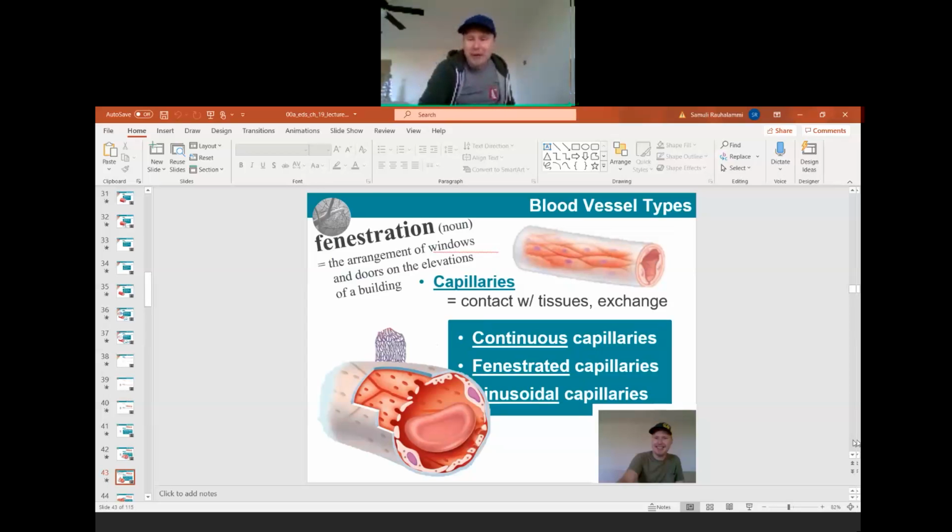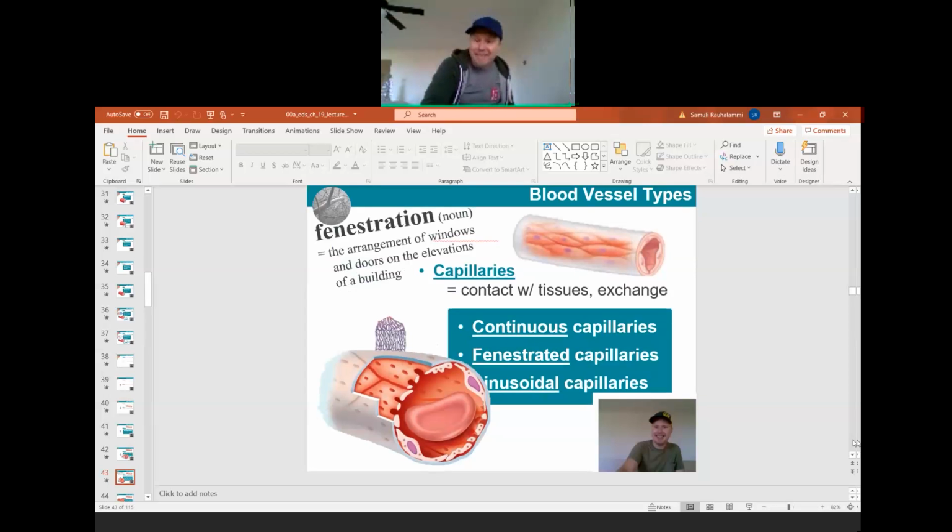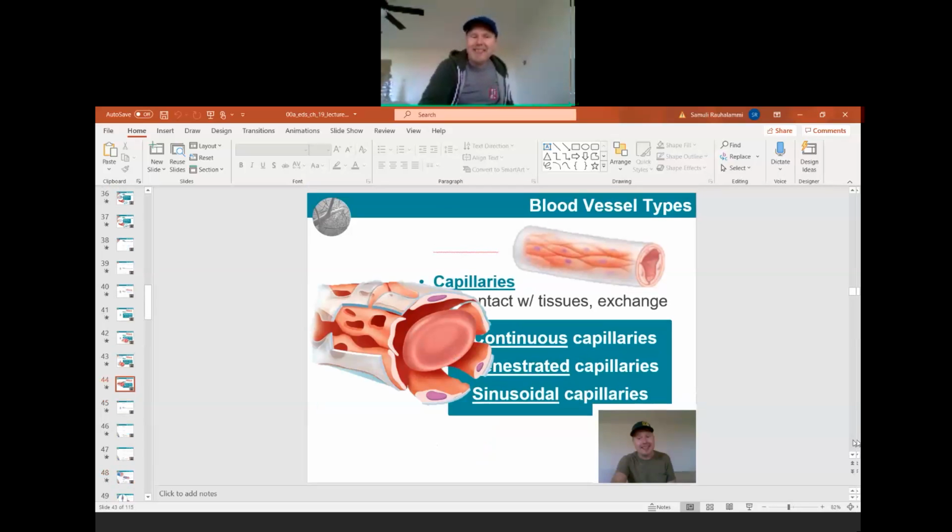And the last one that we're going to look at, you can probably guess already that it's going to go even more extreme. So sinusoidal capillaries, we find them in liver, bone marrow, spleen, adrenal medulla, and places like that. What we have there are these huge gaps where the simple squamous endothelium is missing. And the amount of this missing tissue actually allows a lot of exchange to take place.